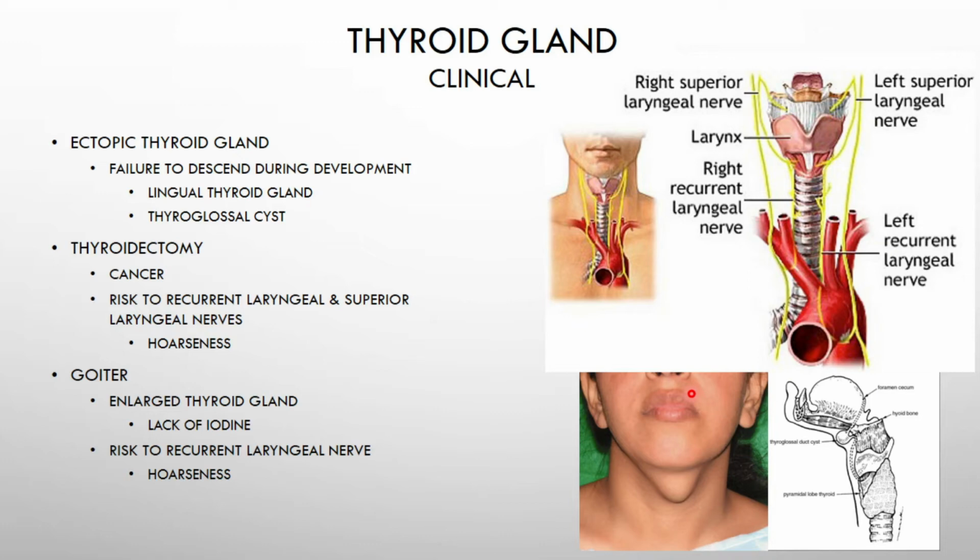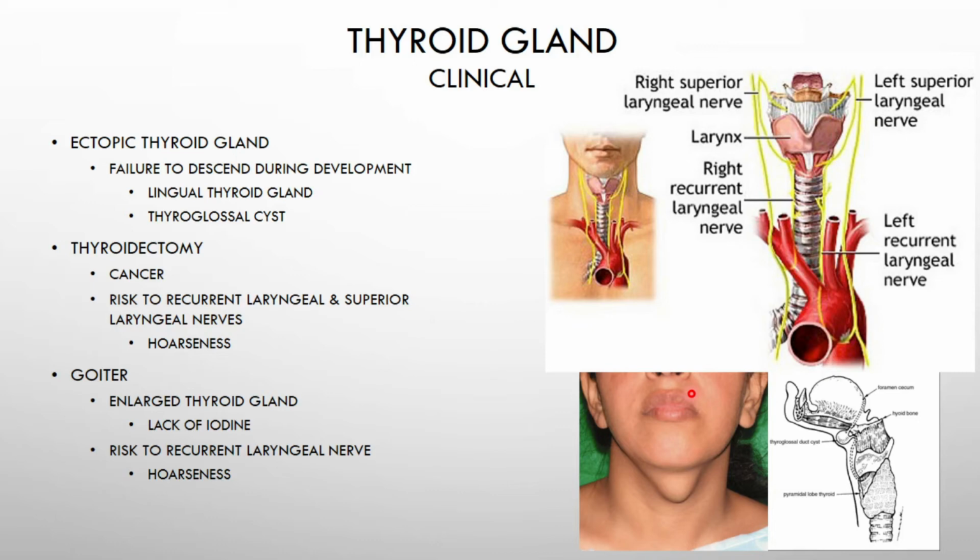This can have huge implications on speech. Running very, very close to the thyroid gland, we have the nerves that supply your larynx and allow you to speak. And it can be more critical than that, actually, because there are muscles within your larynx that open your vocal folds to allow air through.